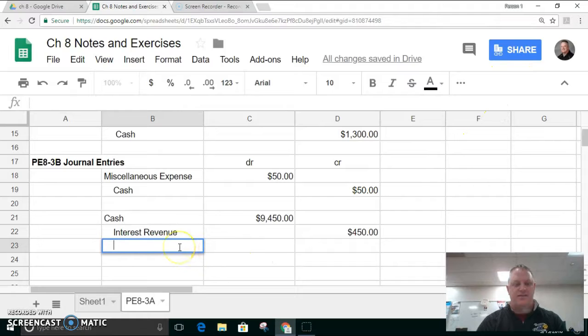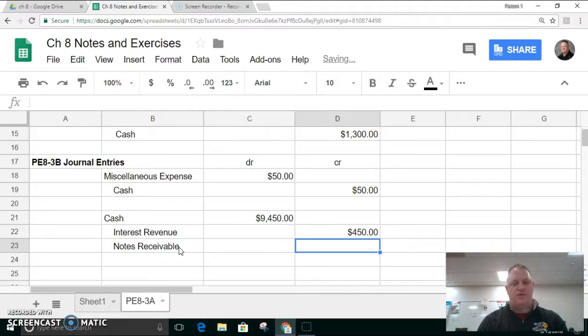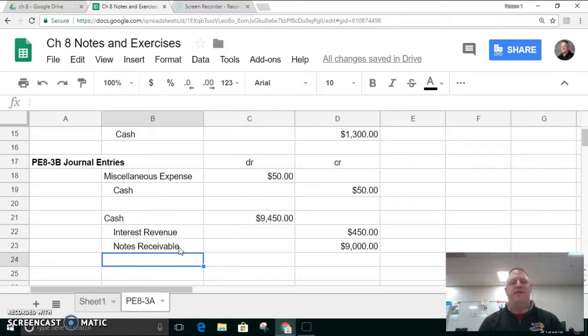And because it was a notes receivable, we need to credit our notes receivable by $9,000 because that is the amount we received. If we received that amount in the notes receivable, that means that we are no longer owed that note. So we have to decrease that asset account. Assets decrease on the credit side. So that's another example of journal entries.